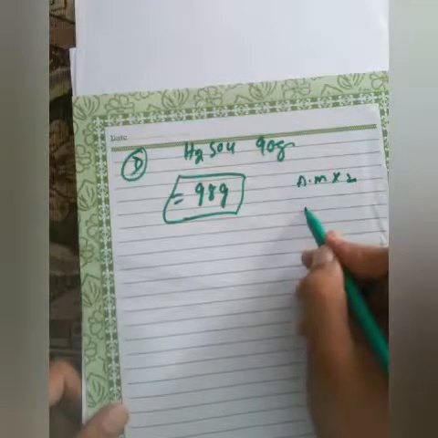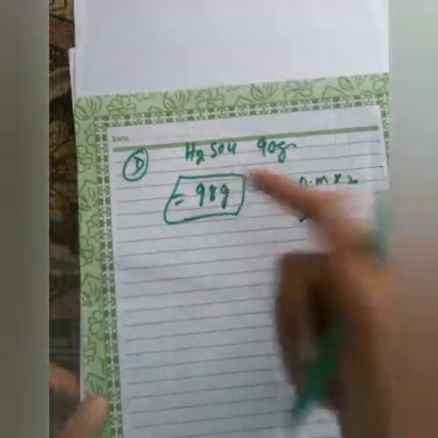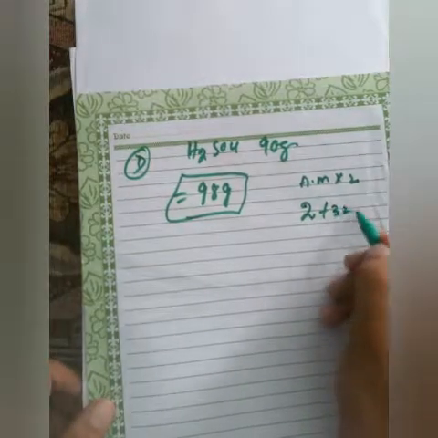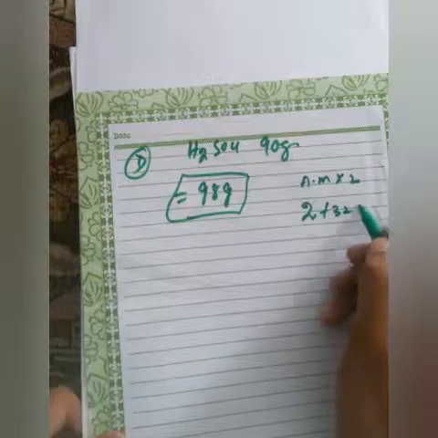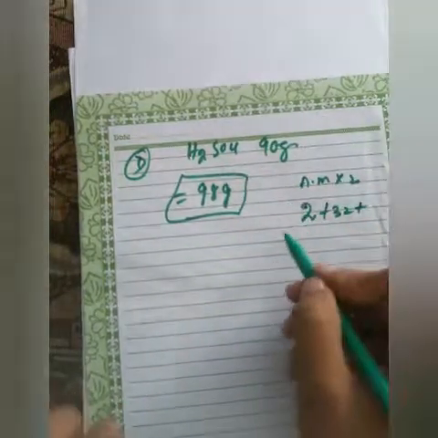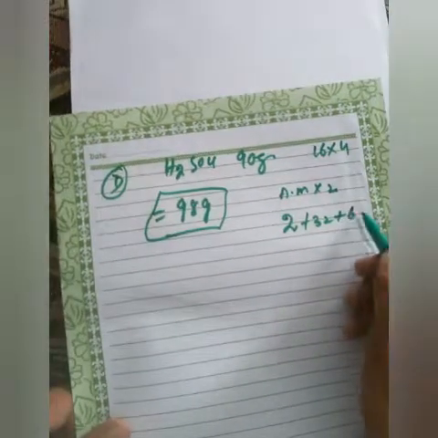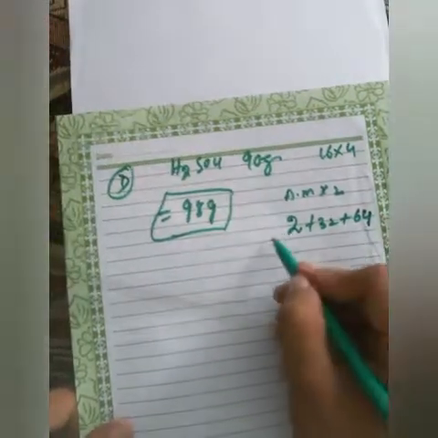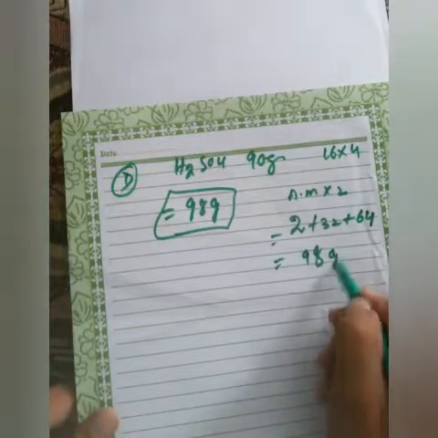Hydrogen has 2 atoms and its atomic mass is 1, so it's 2, plus sulfur, atomic mass 32, plus oxygen, atomic mass 16 multiplied by 4 atoms, which is equal to 64, and the addition results in 98 grams.